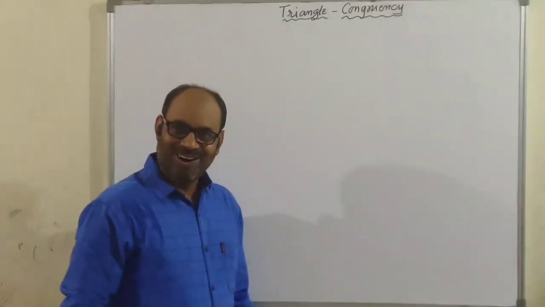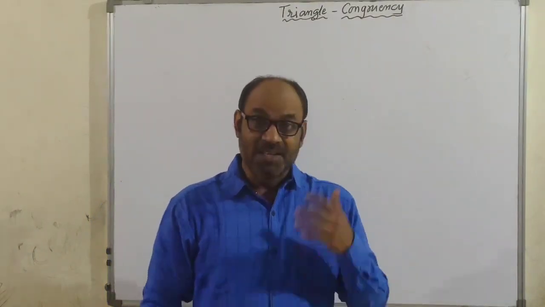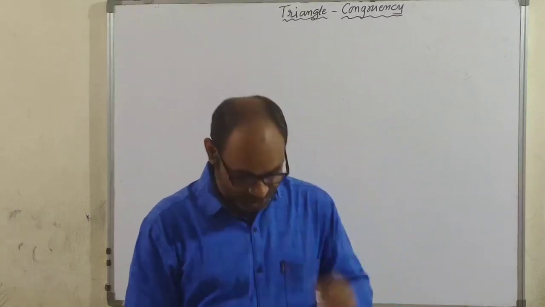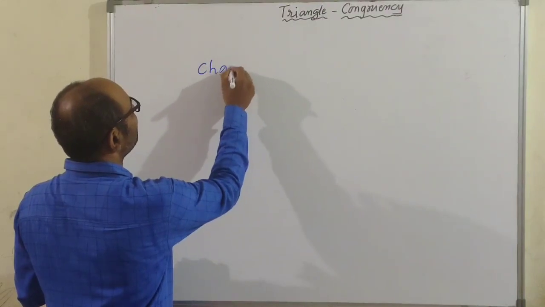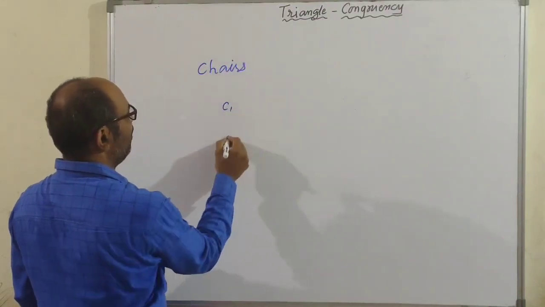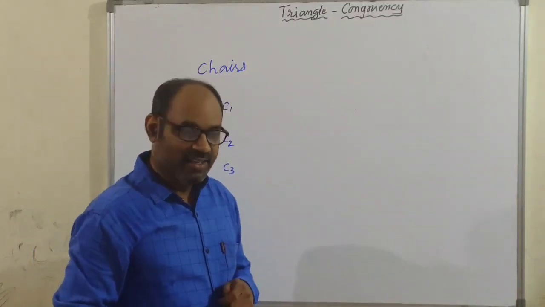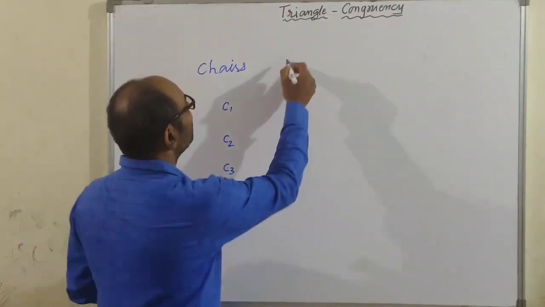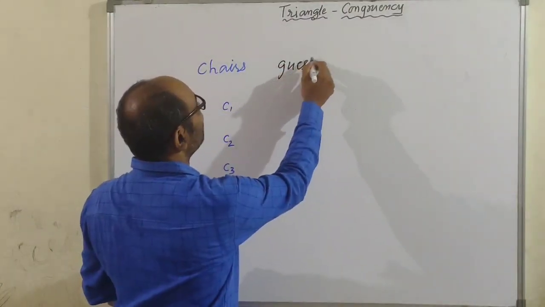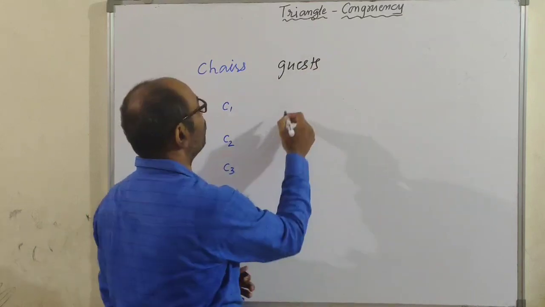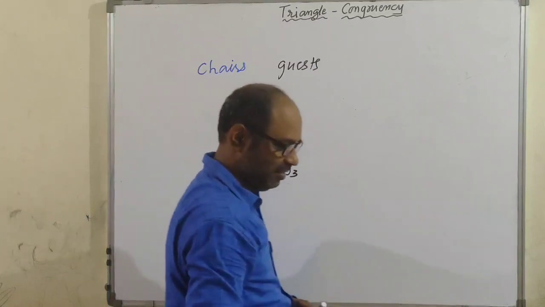Good. All right then, let's see one very interesting thing. Suppose you all have 3 chairs at home in your house. Chair 1, chair 2, chair 3. And 3 guests arrive at your house: guest 1, guest 2 and guest 3.